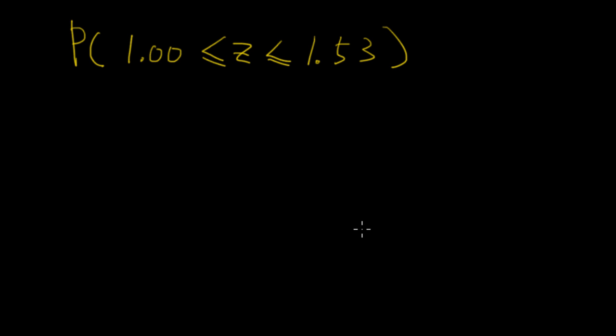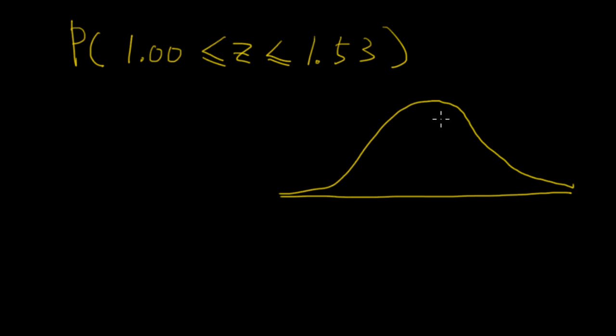Remember, whenever you do something like this, I want you to draw a small graph, looks like this, and try to figure out what area you are looking at. So let's say 1 should be about here, 1.00. Say between that and this point, 1.53. So you're looking at this area.